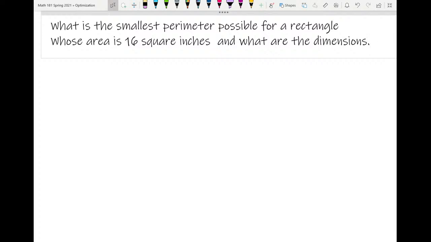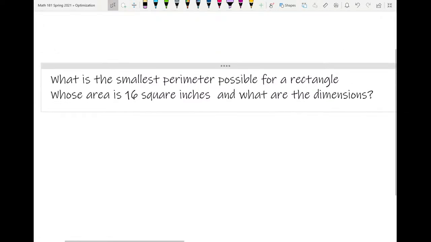All right, so let's look at this problem. We're looking at optimization.